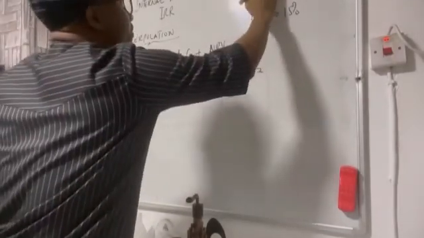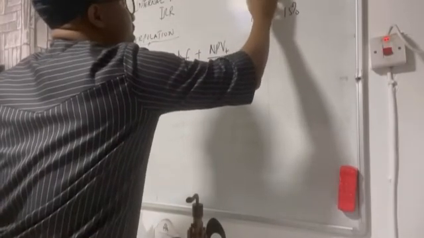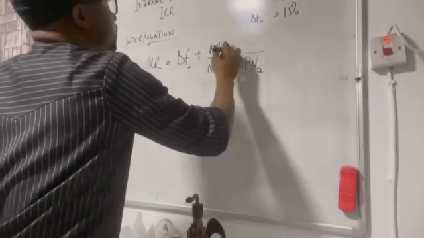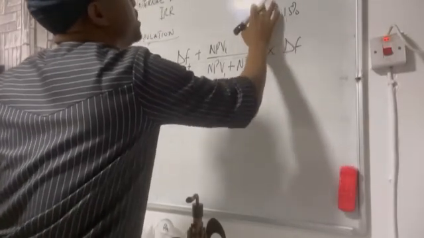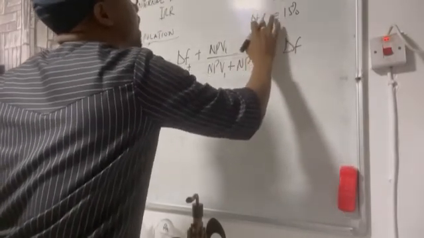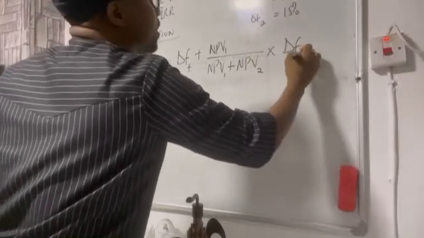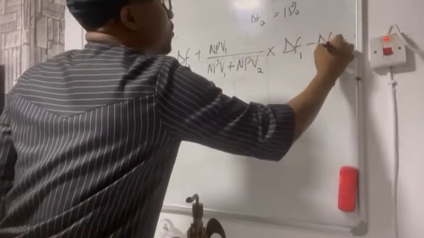I call the positive NPV NPV1, I call the negative NPV NPV2. Then multiply by discount factor 1 minus discount factor 2, where I call the positive discount factor 1 and the negative one 2.